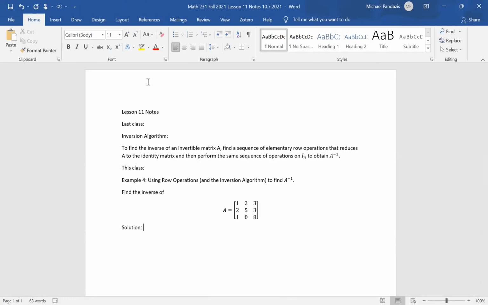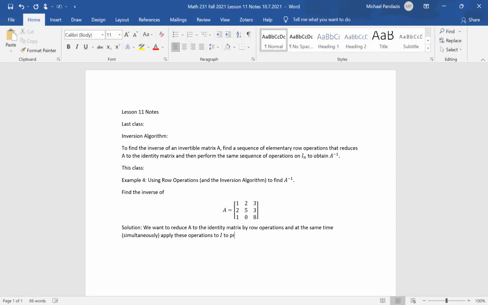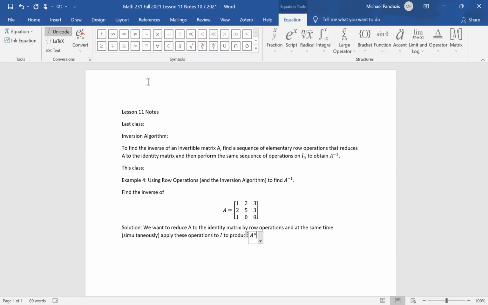So we're going to do this on the whiteboard. But let me just write this here. What we want to do is reduce A to the identity matrix by row operations, and at the same time, simultaneously, apply these operations to the identity matrix to produce A inverse.